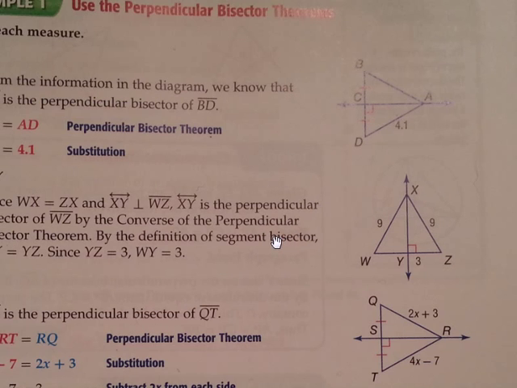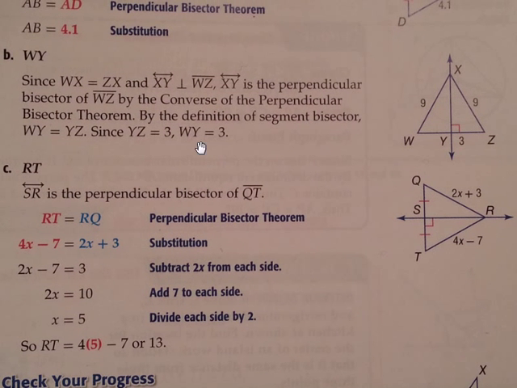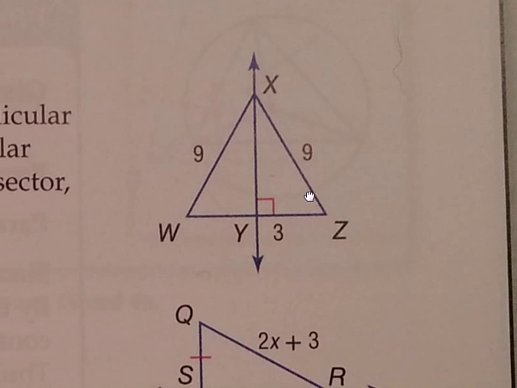Let's see what else we have. Make this a little smaller so we can fit it on our screen here. I think that fits, doesn't it? All right, let's take a look at this. Find WY. Let's come over here and zoom in so we can see it a little better. Where's WY? We're going to find this little part right here. Look at what's happening here. This is the converse of that theorem because we have a point X that's equidistant.